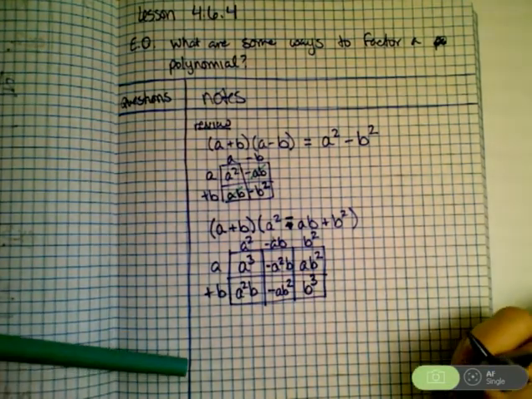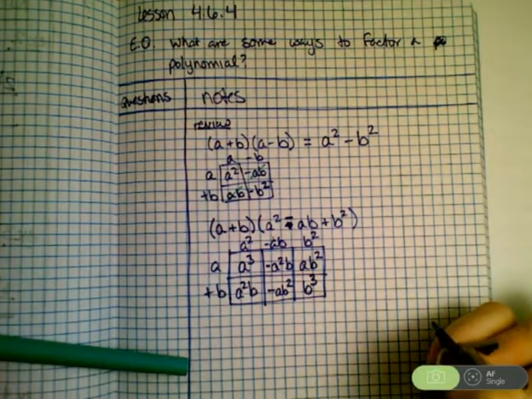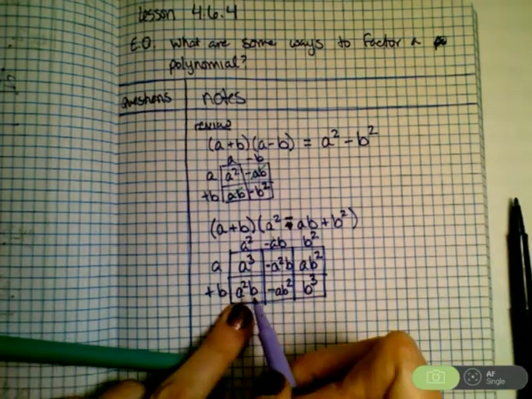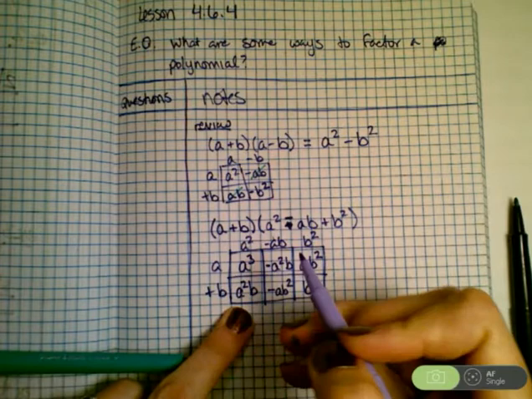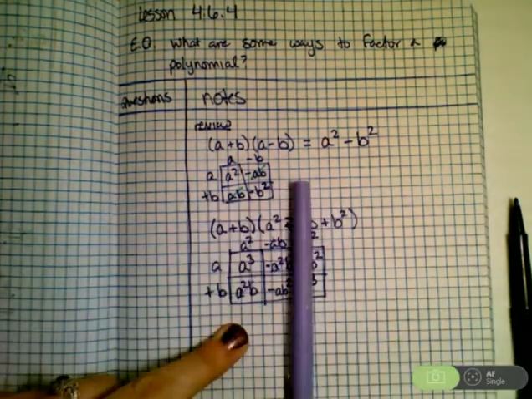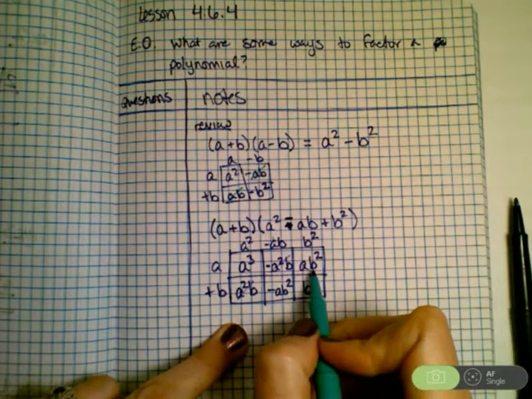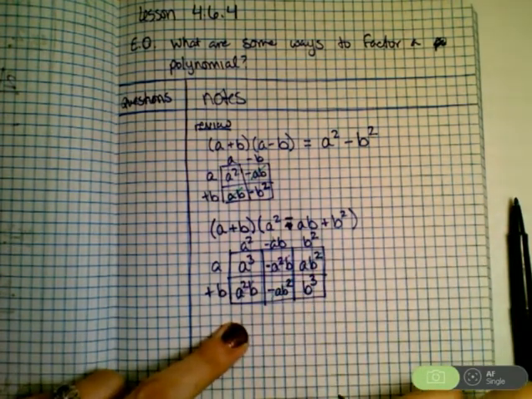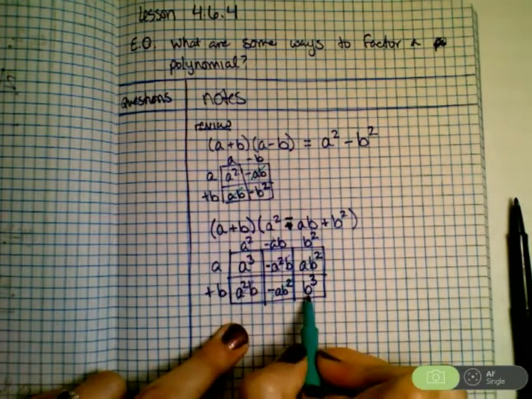So again, when we look closely at that, hopefully you can see that some things cancel. So if we look at this, we have a positive a squared b and a negative a squared b. Bye-bye. And we have a positive ab squared and a negative ab squared. Bye-bye. And we're just left with this a cubed and the b cubed.